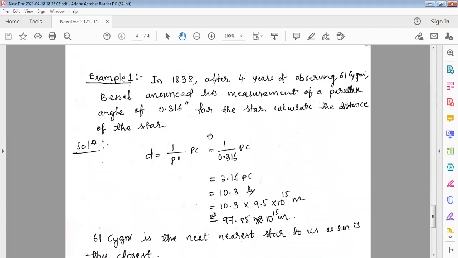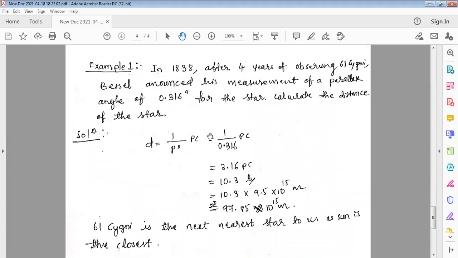I have one example for one star. In 1838, after 4 years of observing 61 Cygni, a nearby star, Bessel announced his measurement of a parallax angle of 0.316 arc second. Actually the Sun is the closest star, and the next closest star is 61 Cygni, which was observed by Bessel for a long time, 4 years.